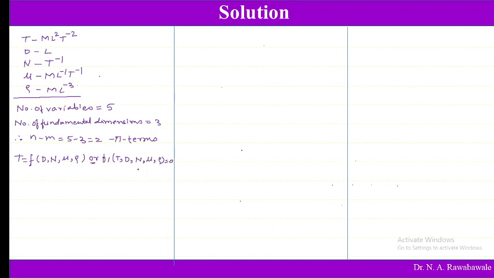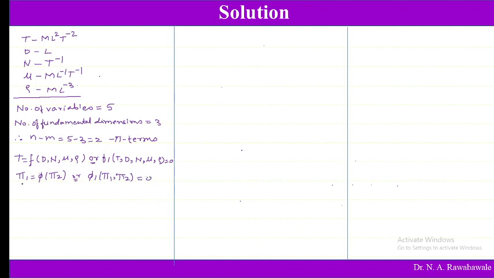So now we can find two pi terms, or this can also be written as pi 1 is a function psi of pi 2, or we can write this as psi 1 is a function of pi 1 comma pi 2 is equal to 0. This can be written in this way.